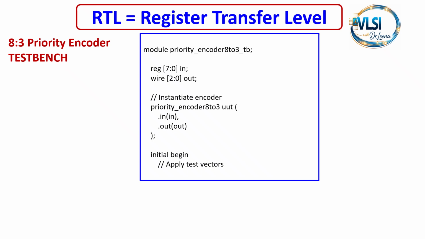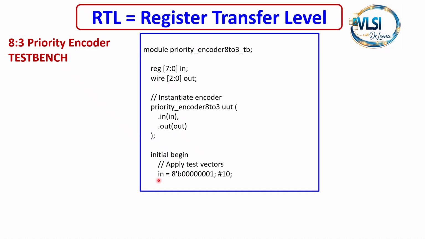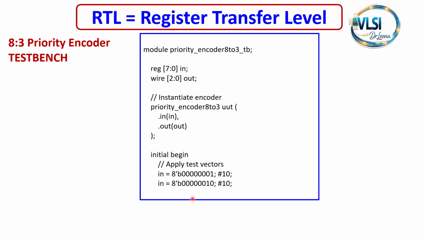The first thing we apply is IN equal to 8-bit binary 00000001. That activates only IN0 and waits for 10 time units before the next input. And the next one activates only IN1 and waits 10 time units.